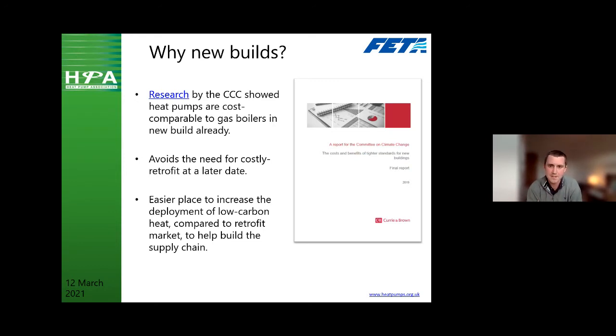And that this also avoids the need for costly retrofit at a later date, which would mean that if we did have to carry that out, the decarbonisation pathway would be more costly in reaching net zero. So I think that new builds are viewed as the easier place to increase heat pump deployment currently, especially compared to the retrofit market, and can help build the supply chain as we work towards that 600,000 number. Next slide, please.